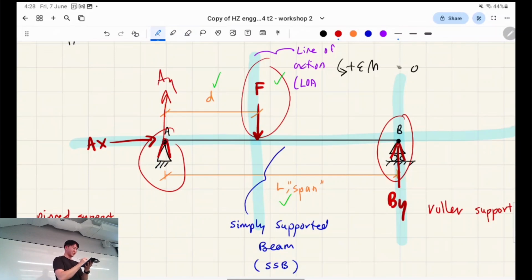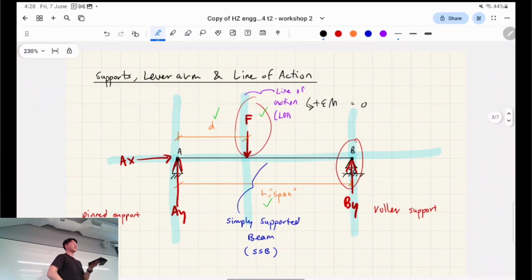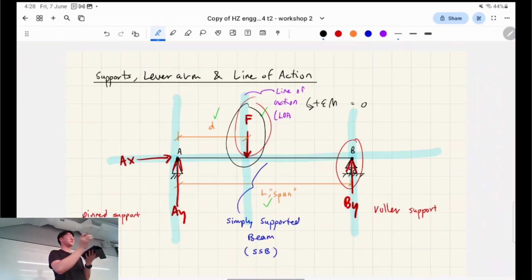What I'm saying is that it's originating from this point, and it follows this line of action, right? Why this is important is because it will help to inform you where to take the sum of the moments about.